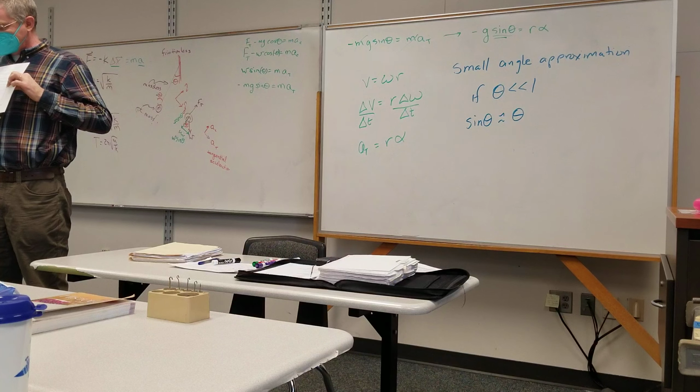So this equation right here, if the angle is small, becomes negative g theta is equal to r alpha. I now have a relationship relating position and acceleration. It just, in this particular case, happens to be angular.